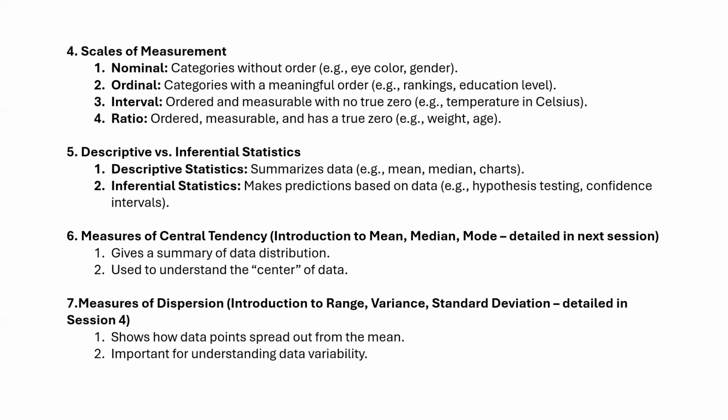Let's take a simple example: we have values 10, 20, 30, 40, and 50. The range will be the maximum value minus the minimum value. The maximum is 50 and the minimum is 10, so the range is 50 minus 10, which is 40.